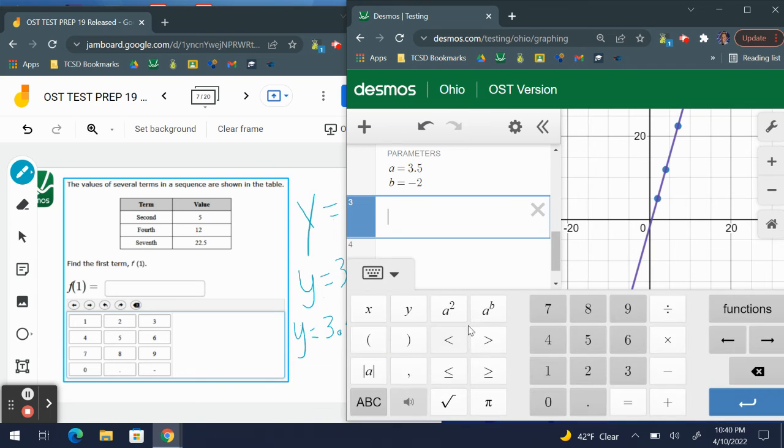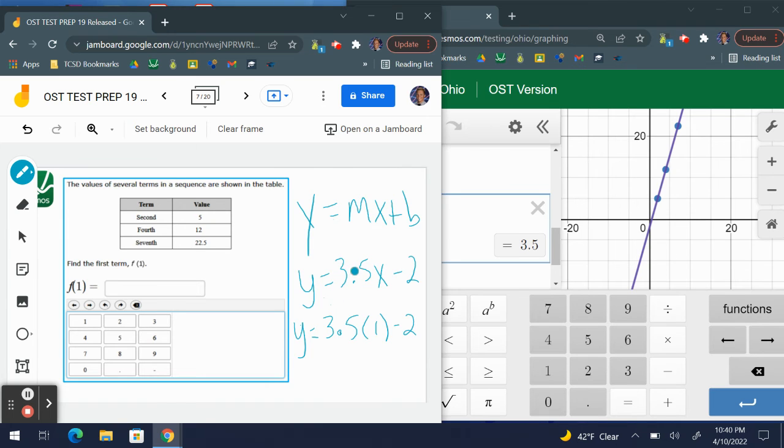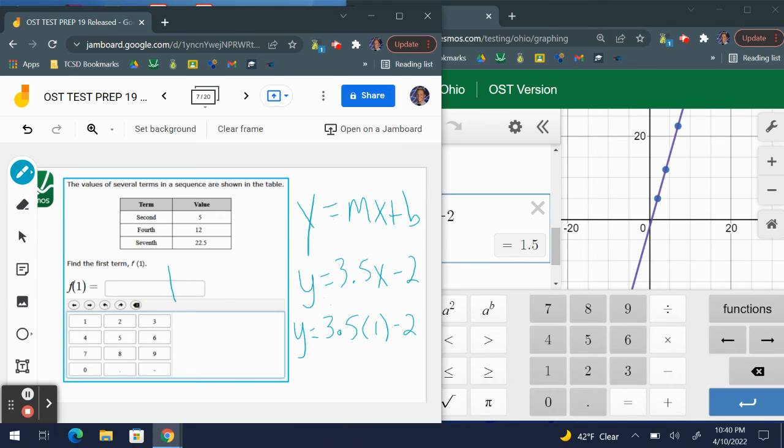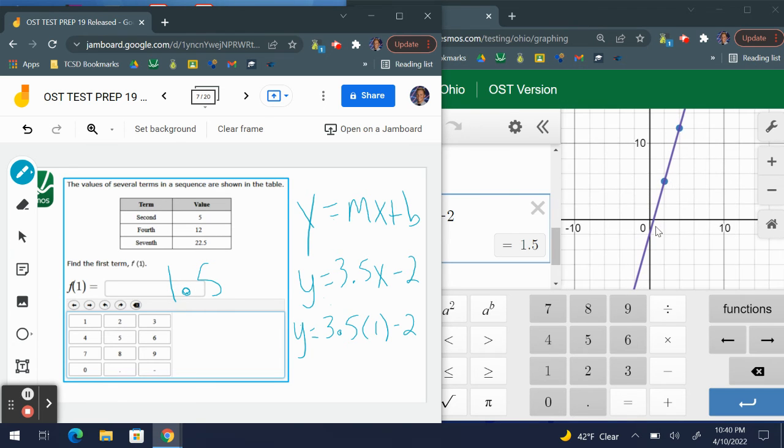I'm going to, underneath here, just type in 3.5 parenthesis 1, because that was what I'm looking for, right? The function at 1, and here's my function, 3.5x minus 2 from our linear regression, minus 2. And my output would be 1.5.